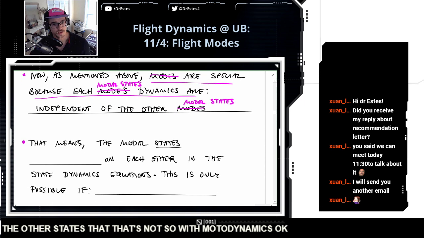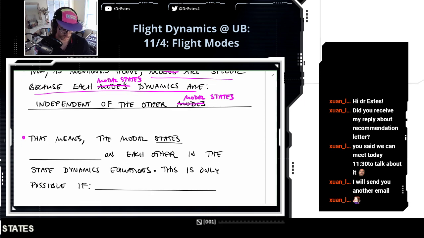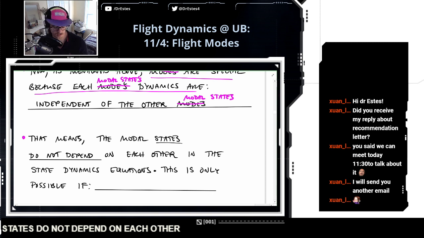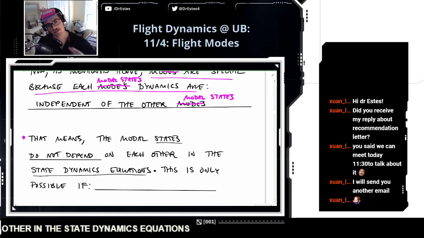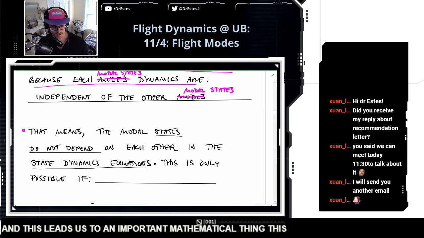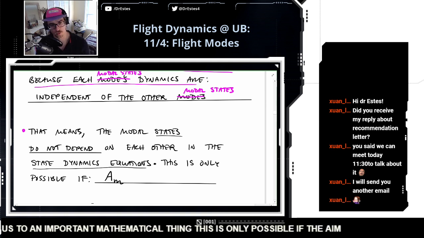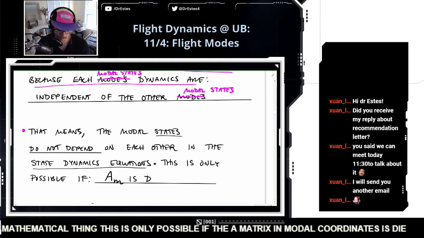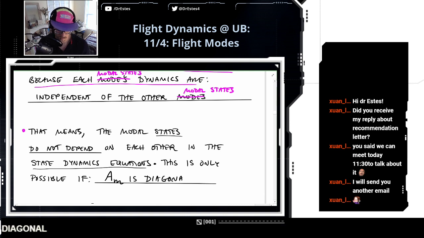So that means the modal states do not depend on each other in the state dynamics equations. And this leads us to an important mathematical thing. This is only possible if the A matrix in modal coordinates is diagonal. You'll see why in a second.